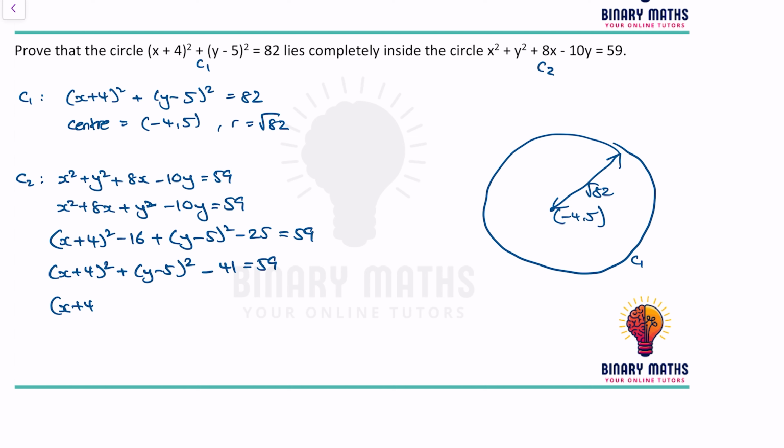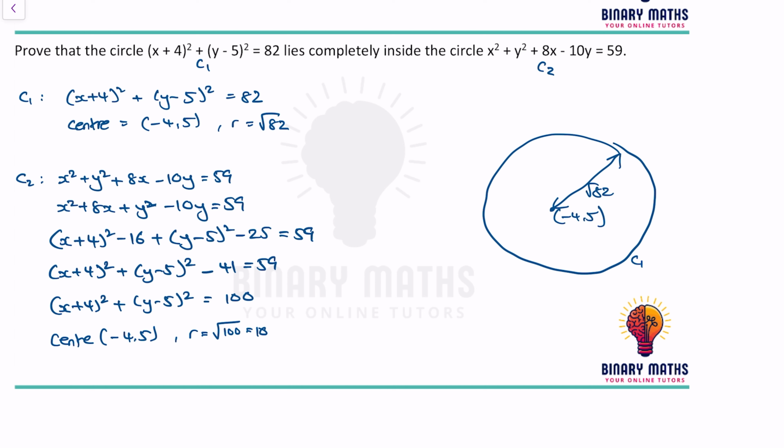(x + 4)² + (y − 5)² = 59 + 41, which is equal to 100. Which means the center is (−4, 5) and the radius is the square root of 100, which is 10.